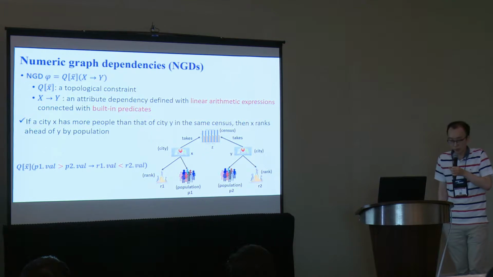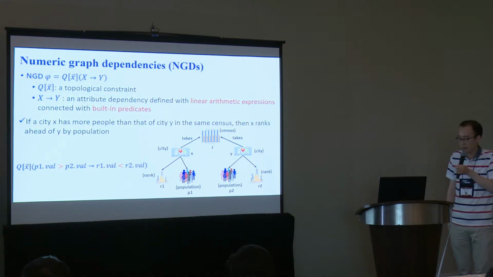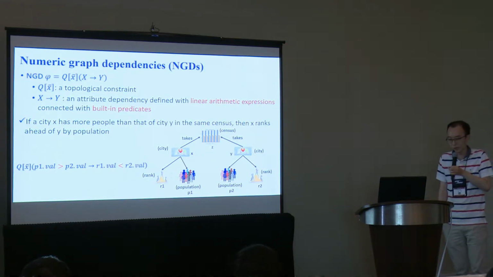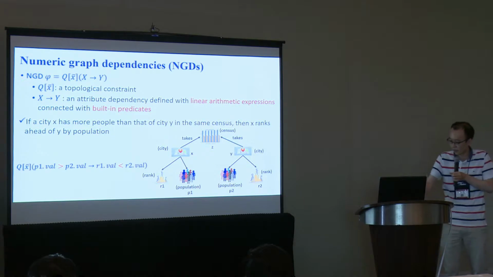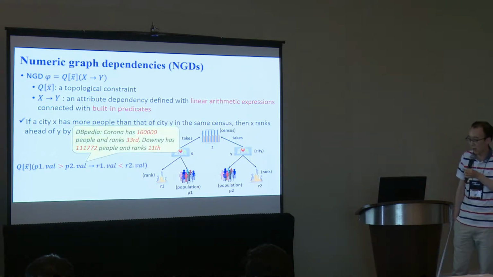And two built-in predicates, greater than and less than, appear in the attribute dependency to compare different populations and the ranks. This NGD can detect the error we have seen earlier in DBpedia, in which Corona and Donny are mapped to pattern nodes X and Y, and the attribute constraint is applied there.